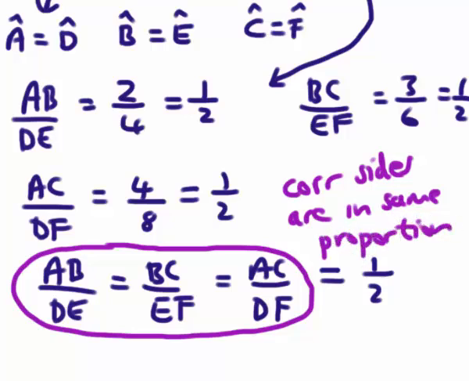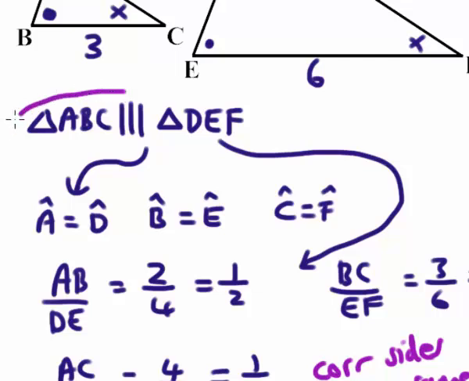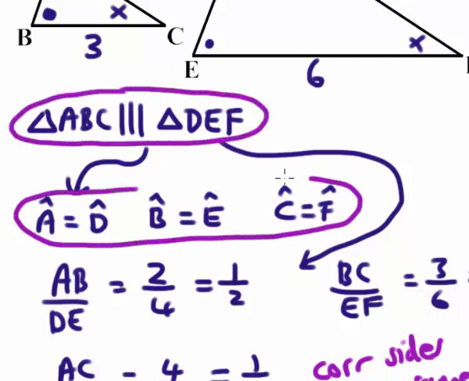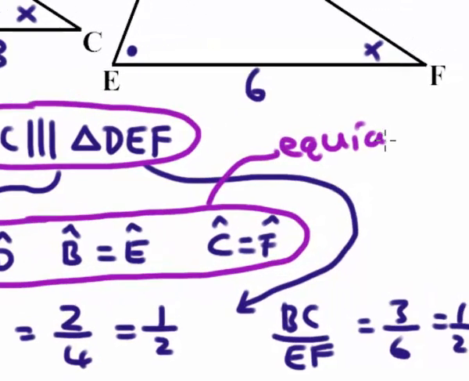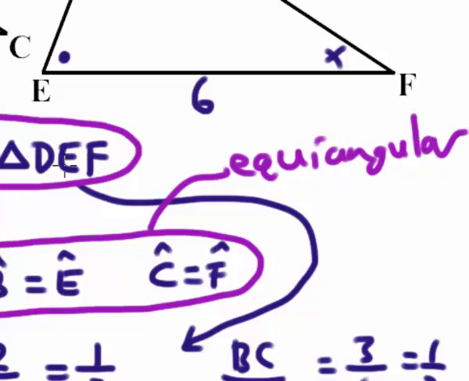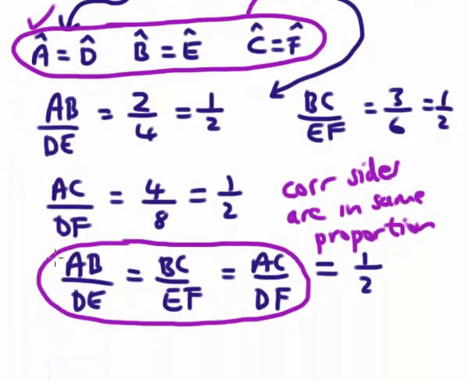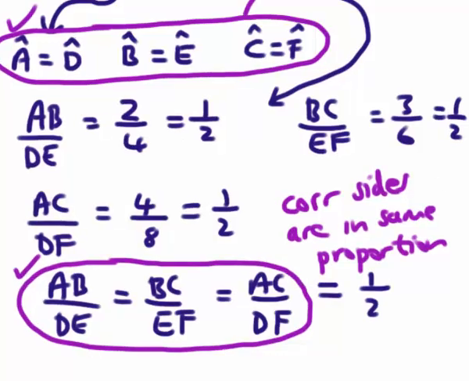And the other key thing is that if triangles are similar, the corresponding angles are equal. They call that equiangular. So if the triangles are similar, the corresponding angles are equal, and also the corresponding sides are in the same proportion.